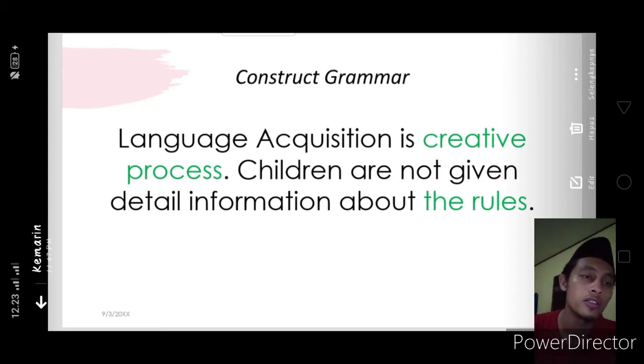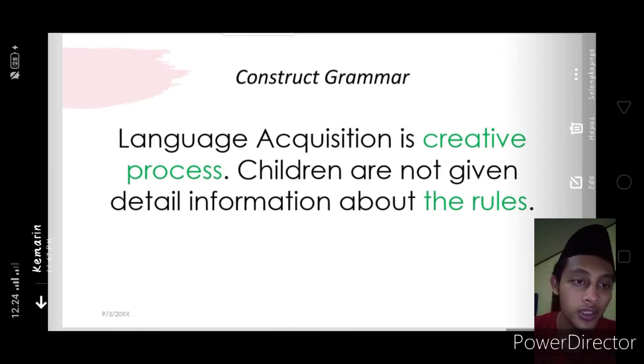Language acquisition is a creative process. Children are not taught about the rules of grammar. They learn grammar from the language that they get or hear around them. I mean here is they get the grammar rules from environment. It can be from family, their friends, or the others.